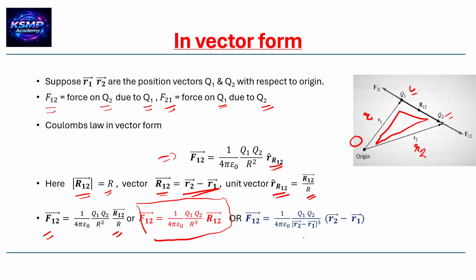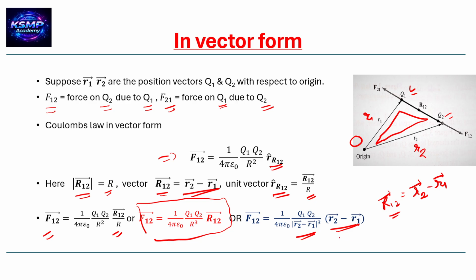Or we can write in this form here, because magnitude we are writing as R2 minus R1 magnitude, and similarly vector R12 is R2 minus R1. That value we are writing here.